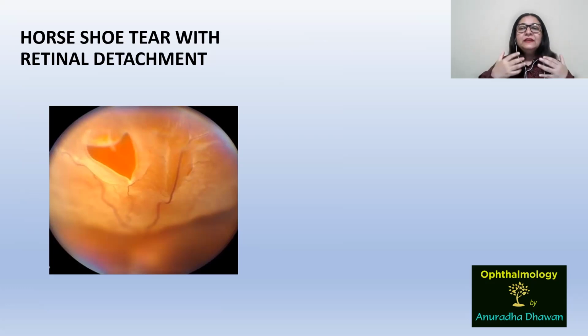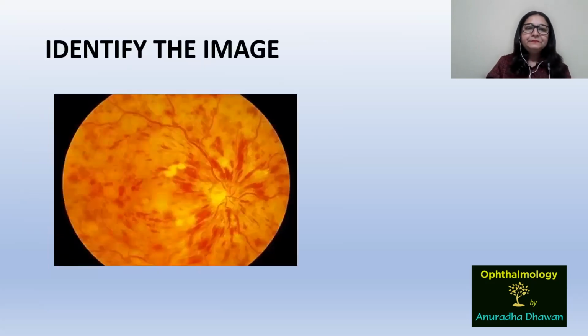And you can also see the retina is ballooned up because it is detached. So this is an image of horseshoe tear of the retina with retinal detachment. This type of retinal detachment is known as rhegmatogenous retinal detachment. And horseshoe tear is the most dangerous type of the retinal break, which can quickly lead to retinal detachment.